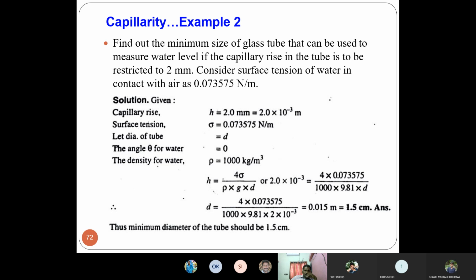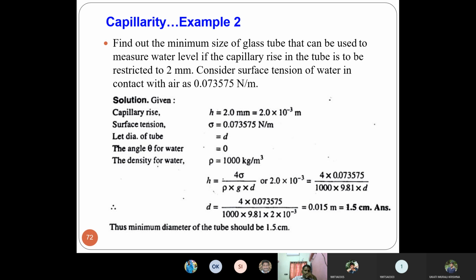What is the thing? We have to find out the minimum size of the glass tube. Water is being used and the capillary rise is restricted to 2 mm. Consider the surface tension given in the problem.